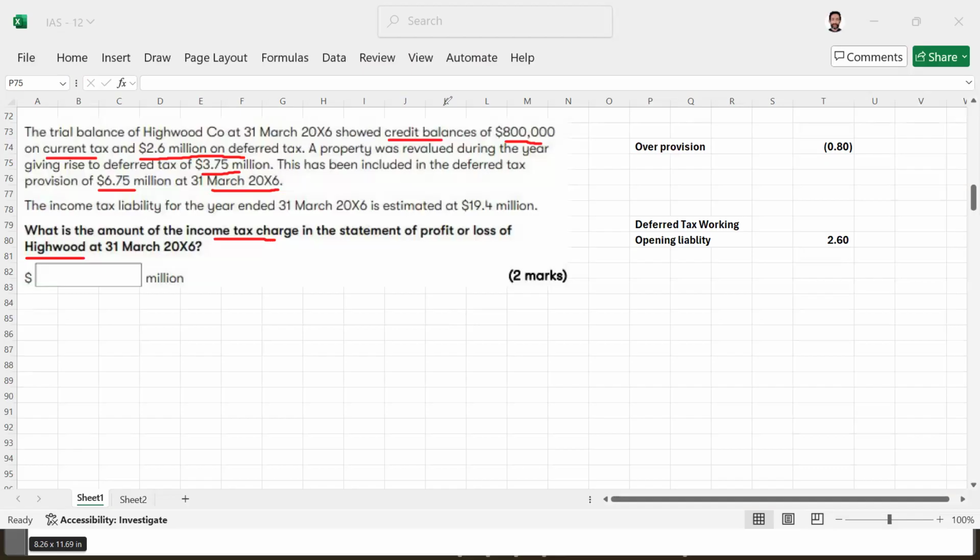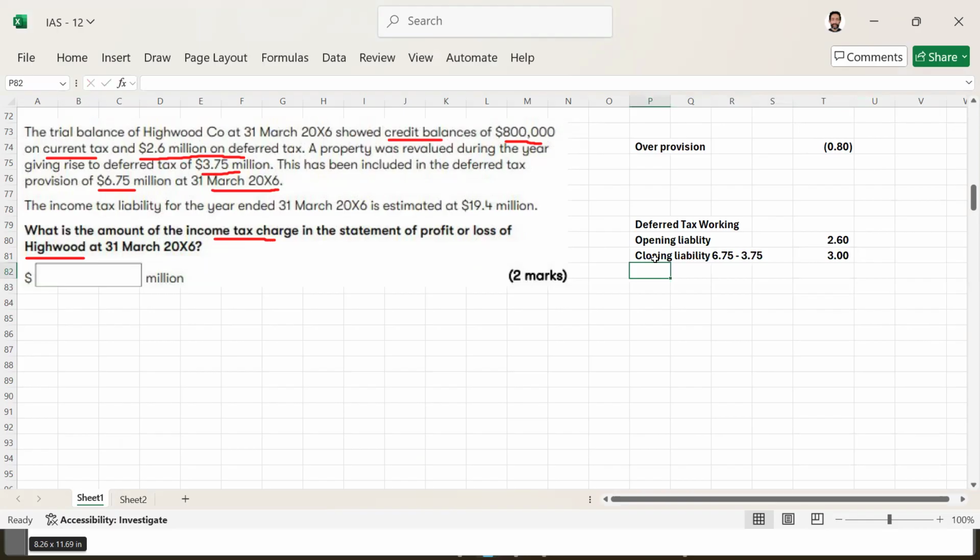So let's see. I'm going to have the closing liability. Let's calculate that. So the closing liability, it is 6.75 in total. It has 3.75 that relates to the revaluation. So clearly, we say that the closing deferred tax is 3. So this is an increase.